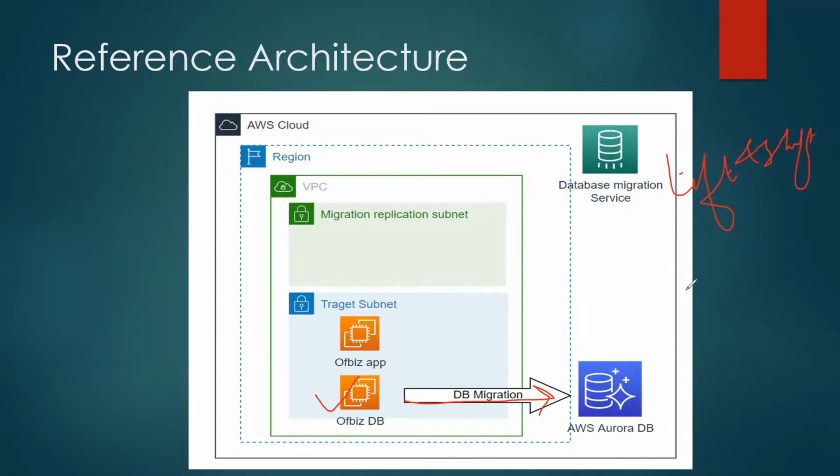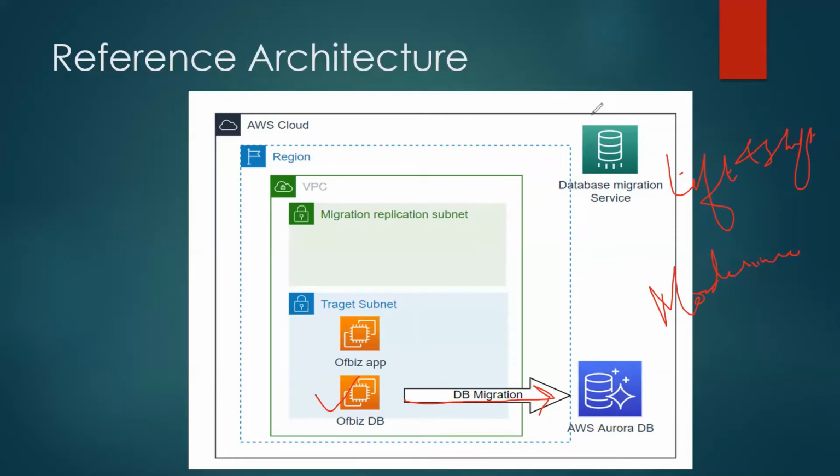But later on, to leverage the AWS cloud benefits, we need to modernize the infrastructure also. So as a part of modernizing, we will migrate the database running on the EC2 instance to an AWS managed database, so that we need not worry about the operations of the DB, the high availability of the DB, or backup of the database. All those things can be taken care of by AWS managed services.